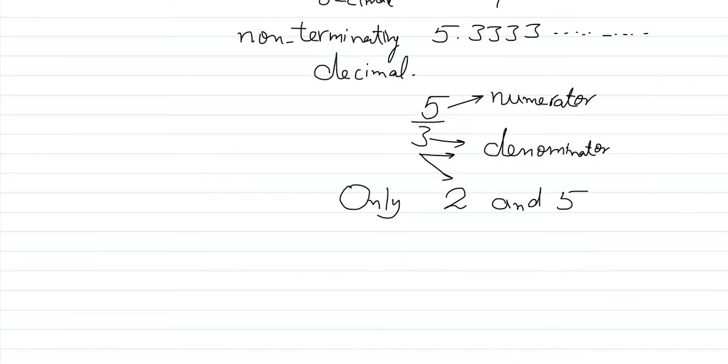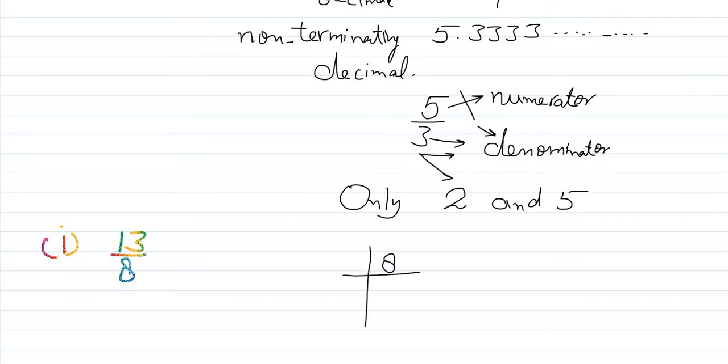Question number 1, part number 1 is 13/8. Here we have to take the denominator, not the numerator, only the denominator. We have to check only the denominator: is it 2 or 5, or prime factors of 2 and 5. For this purpose we take the prime factors of 8.